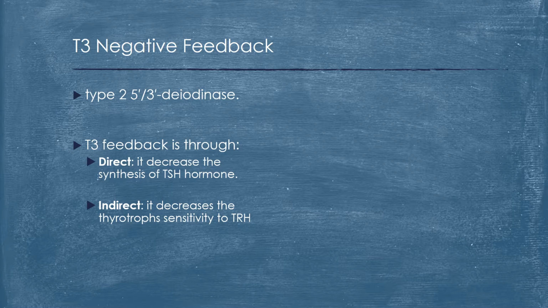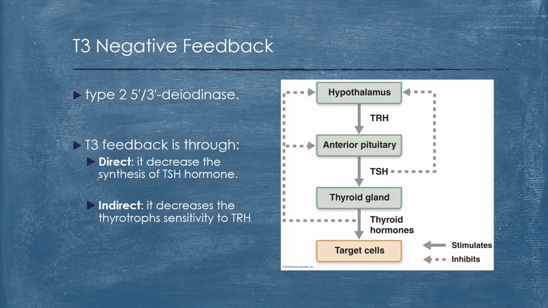So it will decrease the receptors for TRH, which usually stimulate the synthesis of TSH. So we have directly affecting the TSH synthesis and indirectly affecting it by decreasing the sensitivity to TRH that comes from the hypothalamus.